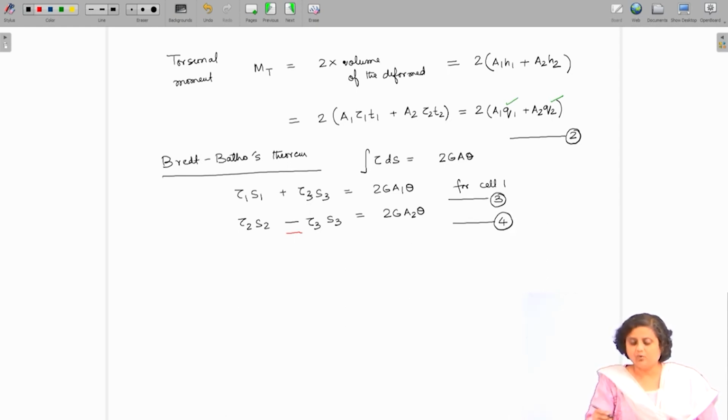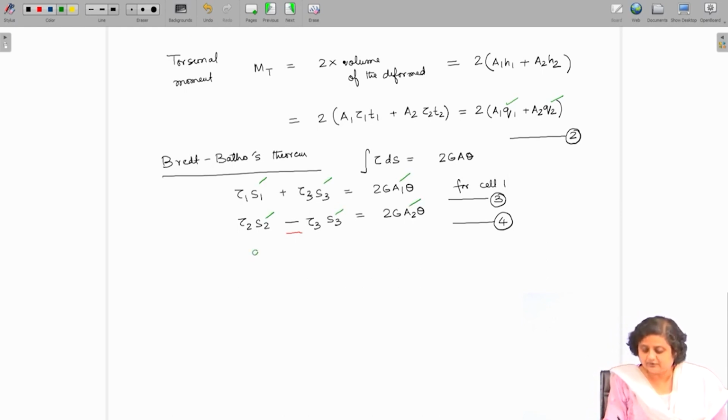Now I know A1, A2, S1, S2 and S3. So I can solve these equations, and I can use the first equation, which is Q1 equals Q2 plus Q3, which in turn is tau 1 into T1 equals tau 2 into T2 plus tau 3 into T3.